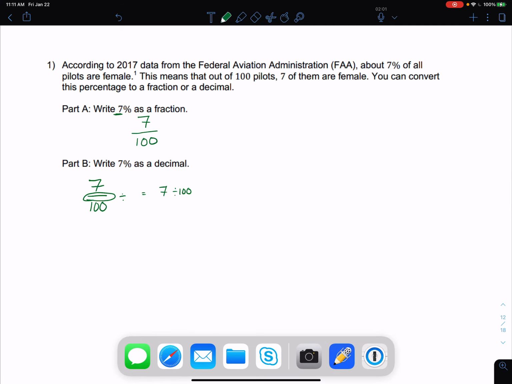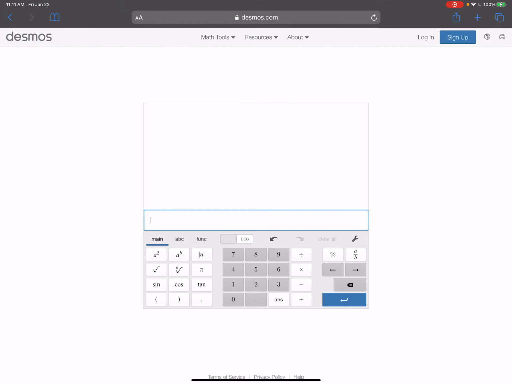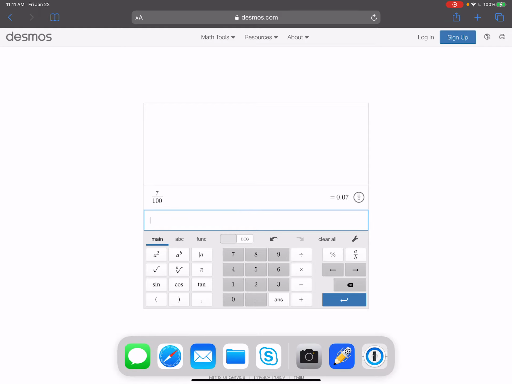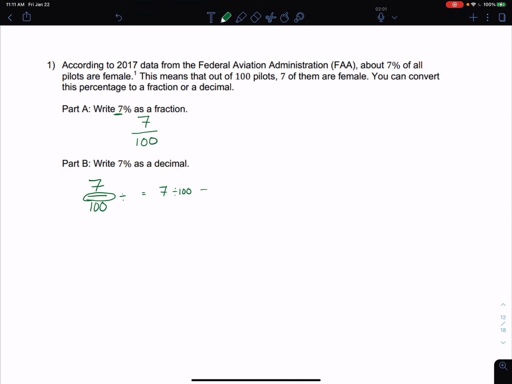Then I'll pull up my calculator and do 7 divided by 100. When we do that, it gives us this decimal answer, 0.07. So that's our answer as a decimal.